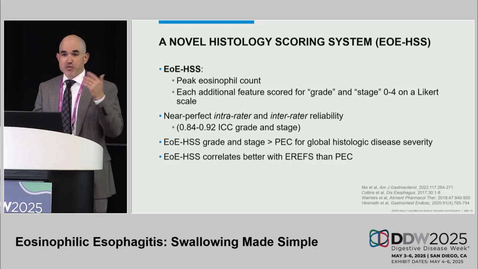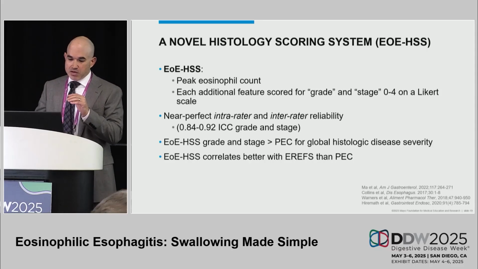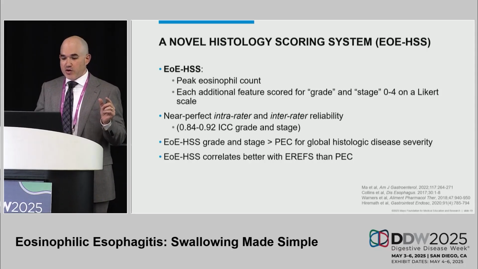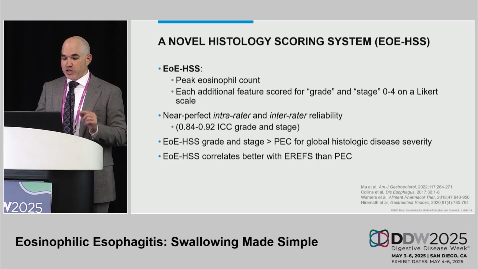Again, this has only been out there for about 7 or 8 years now. And studies have shown that it exhibits near perfect intra-rater and inter-rater reliability, which is obviously very good. We also know from studies that the HSS grade and stage perform better than peak eosinophil count for global histology disease severity.